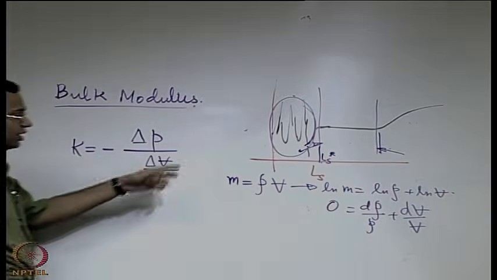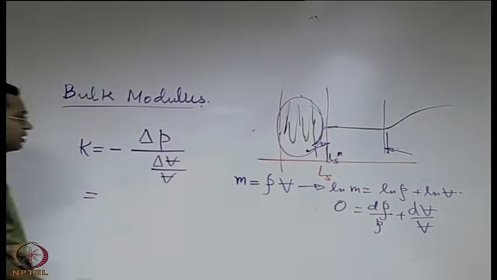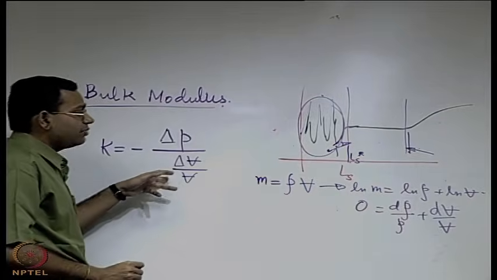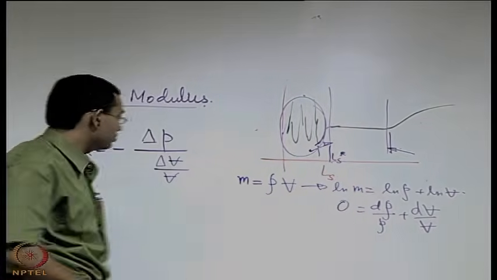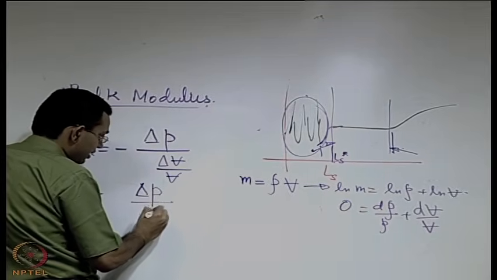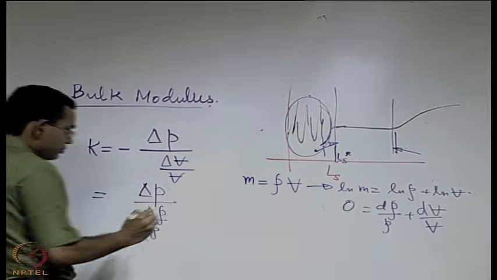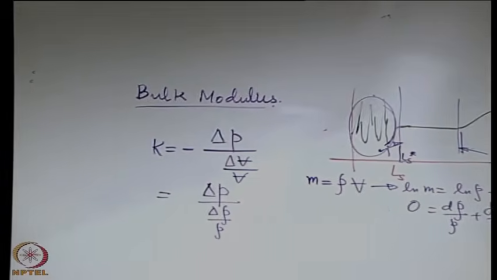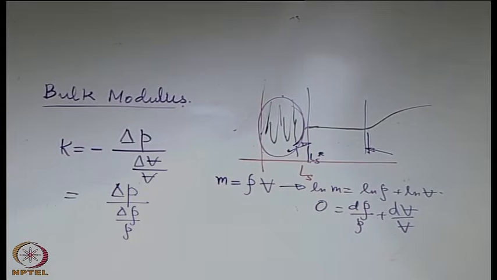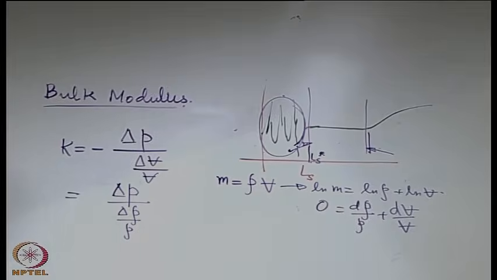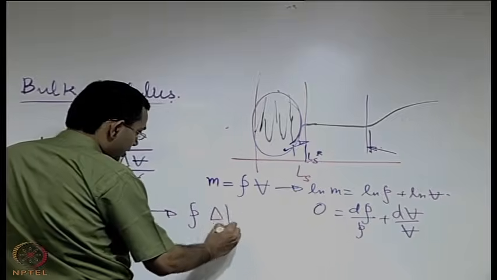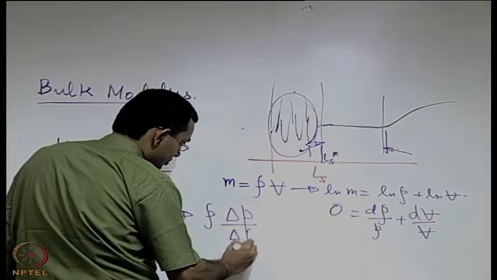Therefore loosely, if you are following this definition, we can relate delta V by V with delta rho by rho. So that will just absorb the minus sign and it will be like this. So it is like rho delta P over delta rho, like this.